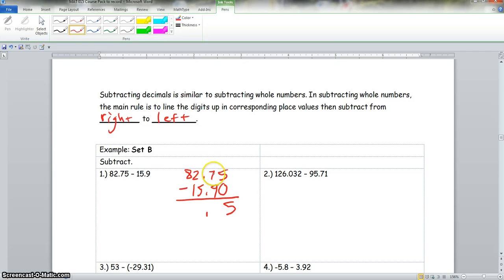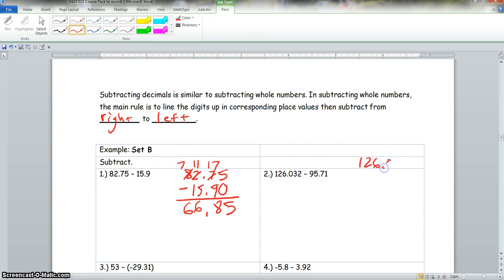We know we cannot take 9 from 7, so we will have to borrow 1 from this 2, and this 7 will become 17. 17 minus 9 is 8. We know we cannot subtract 5 from 1, so we borrow 1 from this 8. That becomes 7, and this 1 becomes 11. 11 minus 5 is 6, and 7 minus 1 is 6. So it's 66.85.